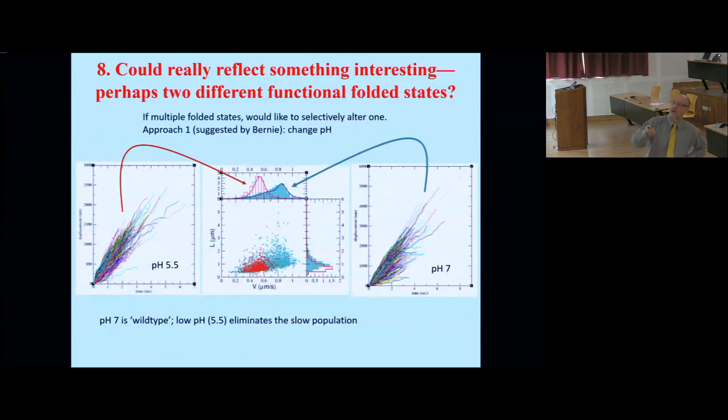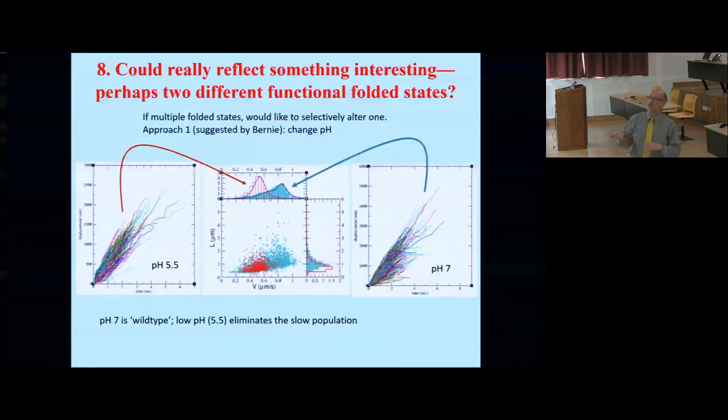GFP-K560 TIRF experiment. And what we see is that at 5.5, we basically have a much narrower range, and the distribution looks much more Gaussian. So at a pH of 7, which is where we had been looking, we had this long tail, but at 5.5, they were pretty nicely clustered.